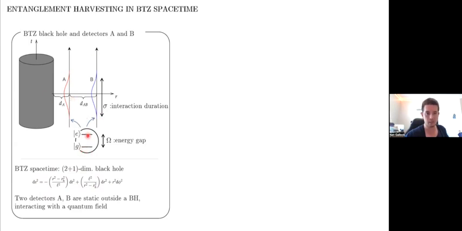The detectors are two-level quantum systems with ground and excited states with energy gap omega, and they interact with the field with a Gaussian switching function. I'll write dA or dAB as a proper distance. In this case, dAB means the proper distance between detectors A and B. In particular, we will fix dAB and change the value of dA.